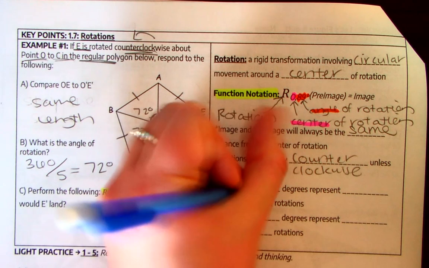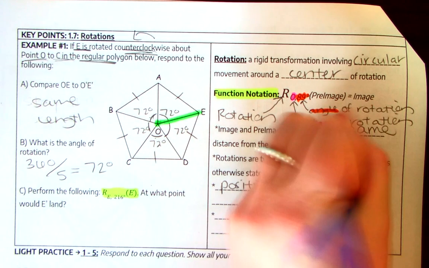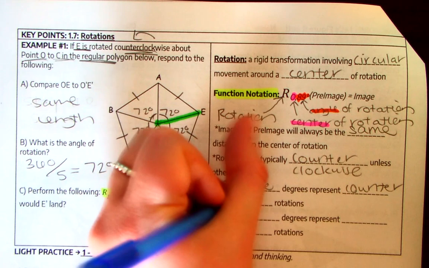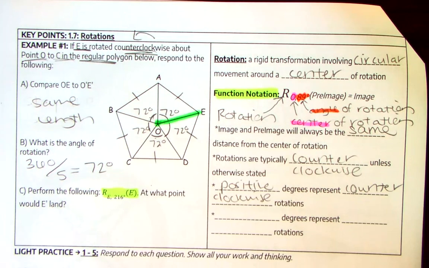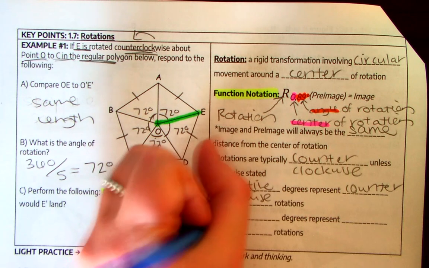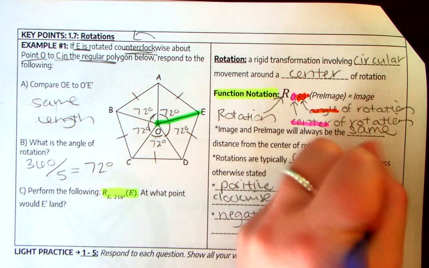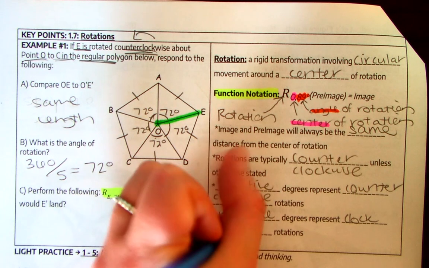We also use positive degrees to represent counterclockwise rotations, and negative degrees to represent clockwise rotations.